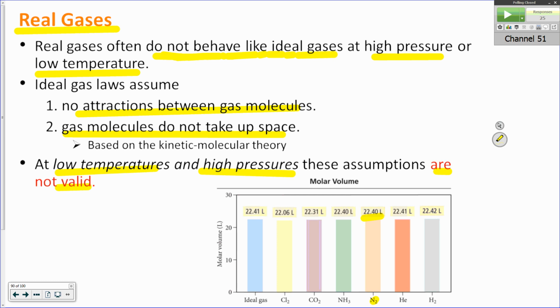It's just slightly off, but one of the ones that's off the most is chlorine. Chlorine's molar volume is actually 22.06. We could look at others with the biggest deviation, but whether or not that's significant depends on the calculations that you're doing. So let's talk about why it's off a little bit.